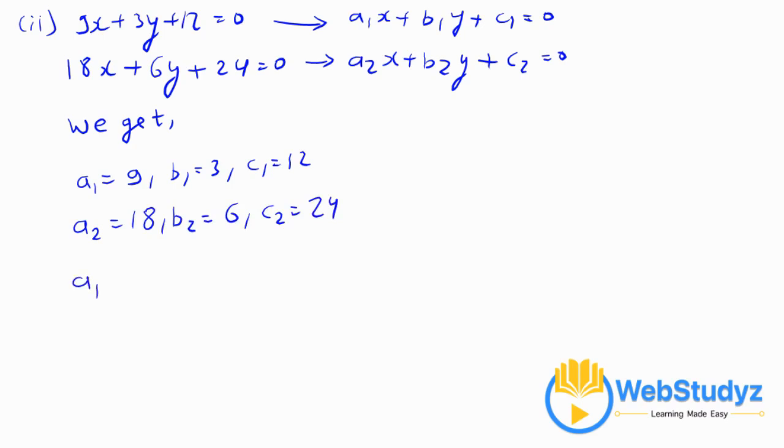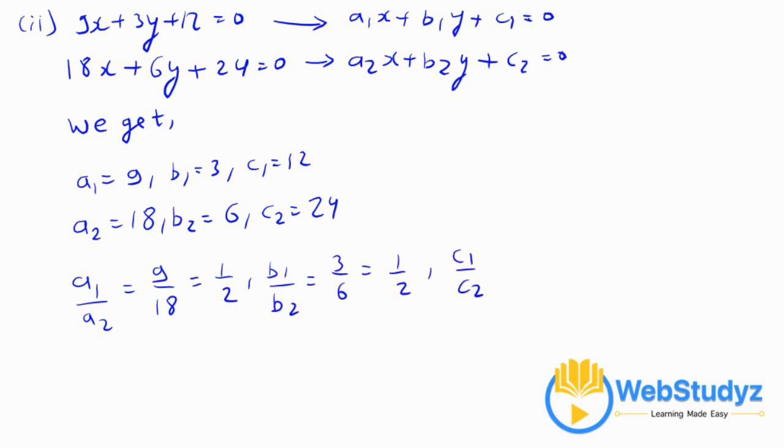So what will be a1 by a2? a1 by a2 will be 9 by 18, which is 1 by 2. And what is b1 by b2? b1 by b2 will be 3 by 6, which is again 1 by 2. And what is c1 by c2? It is 12 by 24, which equals 1 by 2.